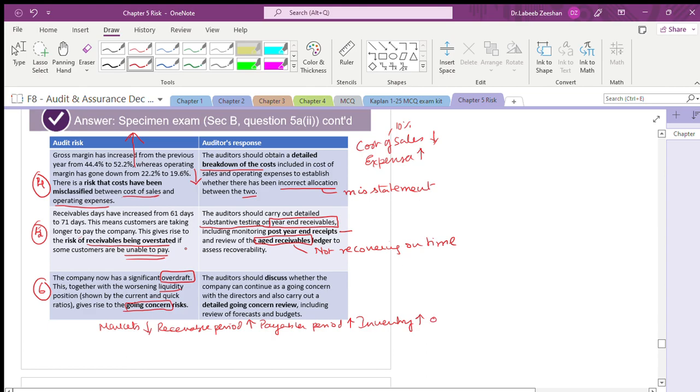Now operating profit has been decreasing and cash is negative. If you take all the things into consideration, we are not sure that the company will continue. It is a going concern risk.